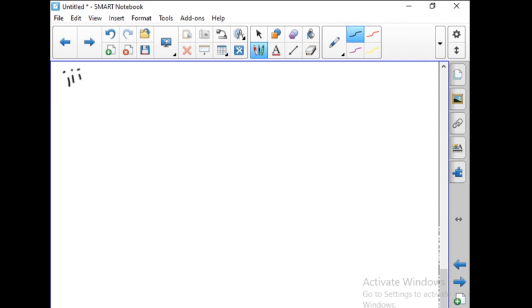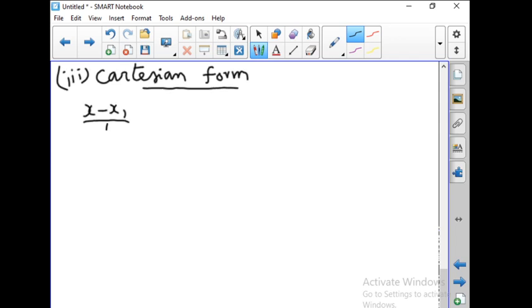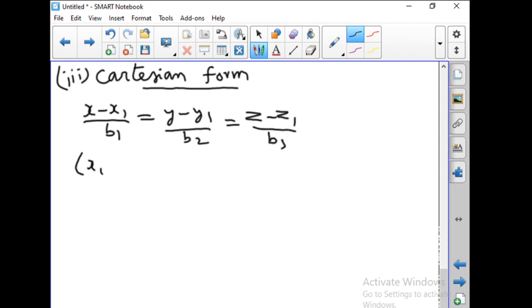Then the third one is Cartesian form. So Cartesian form is (x minus x1) by b1 is equal to (y minus y1) by b2 is equal to (z minus z1) by b3. So here what is x1, y1, z1? It is equal to 1, 2, minus 3.